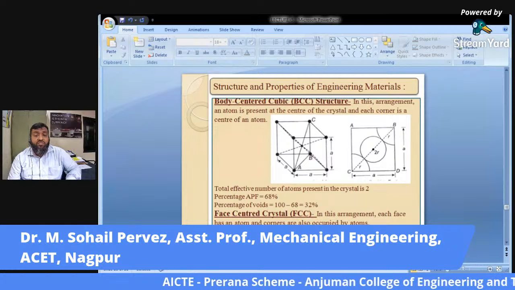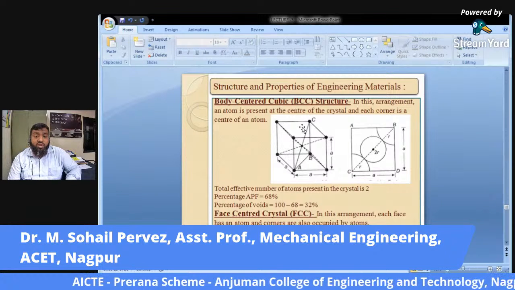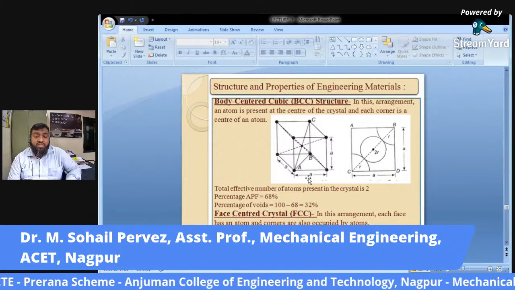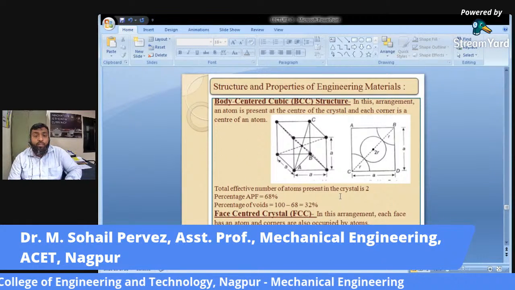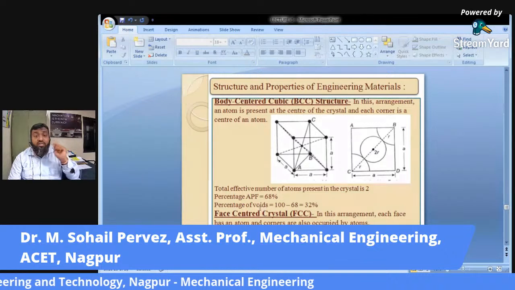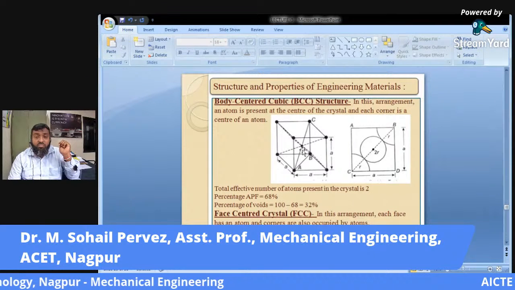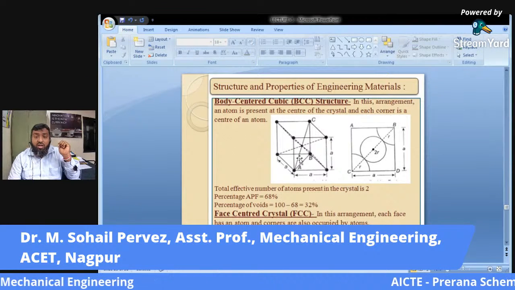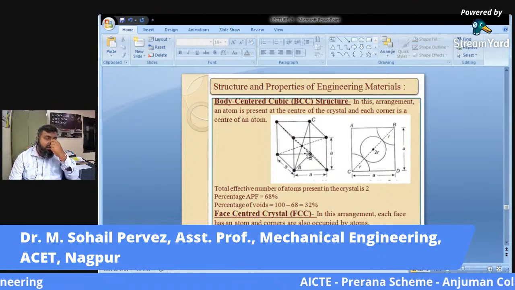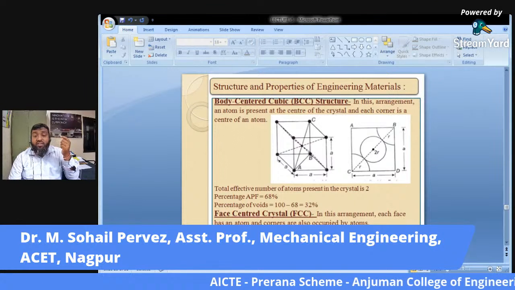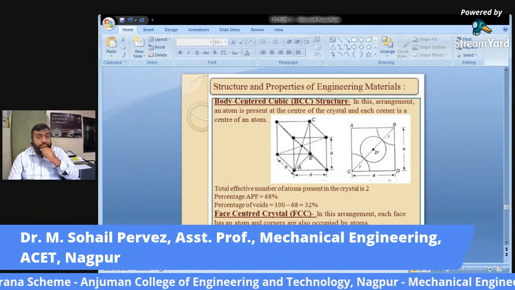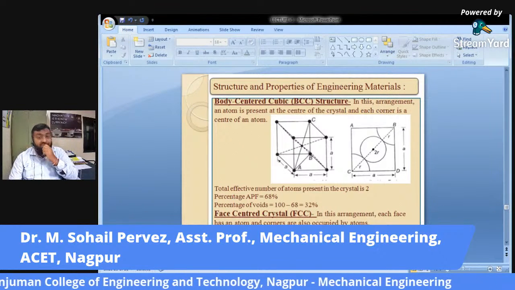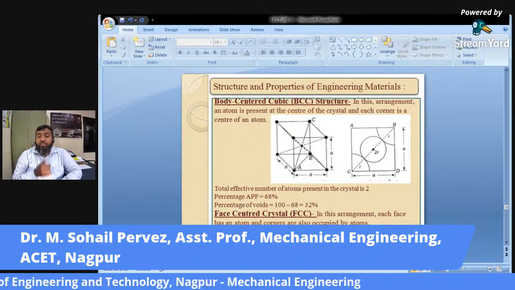In this arrangement, each face has an atom, so on each of the 6 faces you have that concentration. For BCC, the atom is at the middle of the space lattice, while for FCC, the atom is present at the center of each face of the structure. So this is called a face centered cubic crystal.